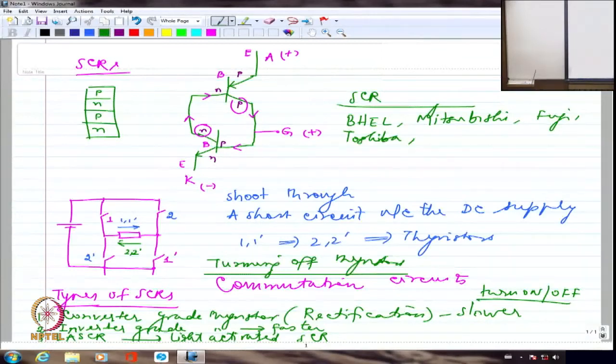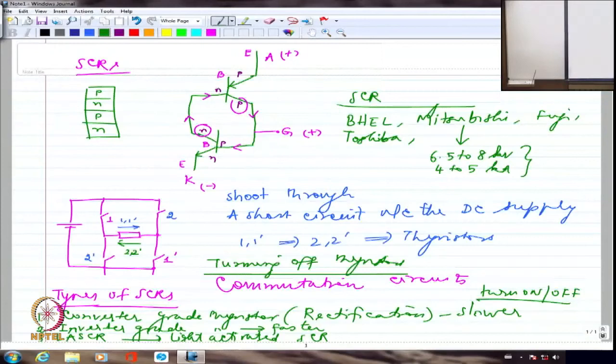And Mitsubishi generally has a very, very high rating, so also is Infineon. Mitsubishi rating is of the order of about 6.5 to 8 kilovolts along with about 4 to 5 kiloamperes. Very, very large rated SCRs are available from Mitsubishi.